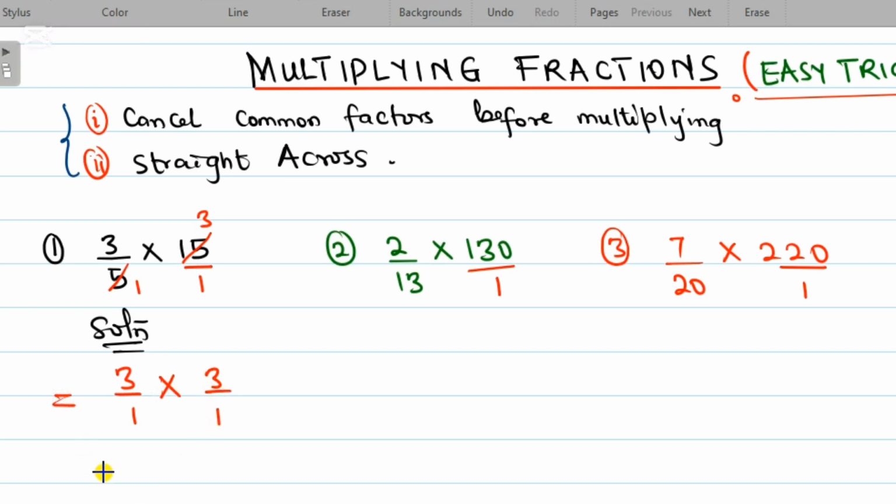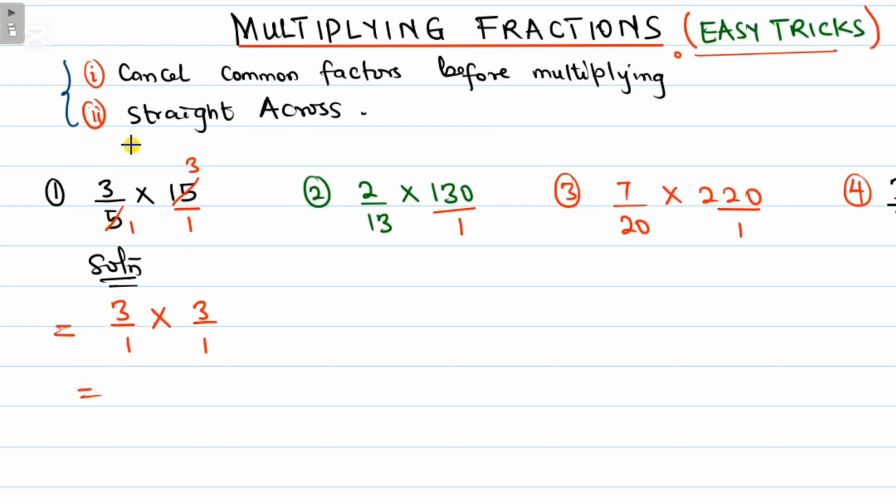Since there is no other common factor, you can go ahead and do your straight across multiplication. What does that mean? Numerator multiplies numerator and denominator multiplies denominator. So 3 times 3 is 9, all over 1 times 1 is 1, and so your answer is 9.